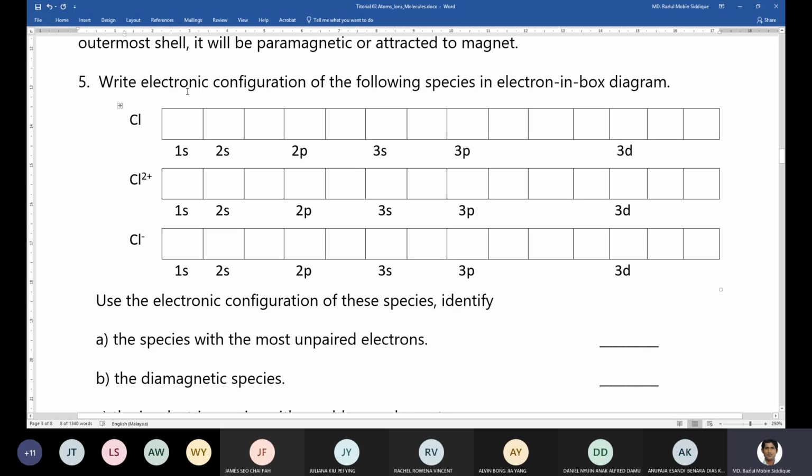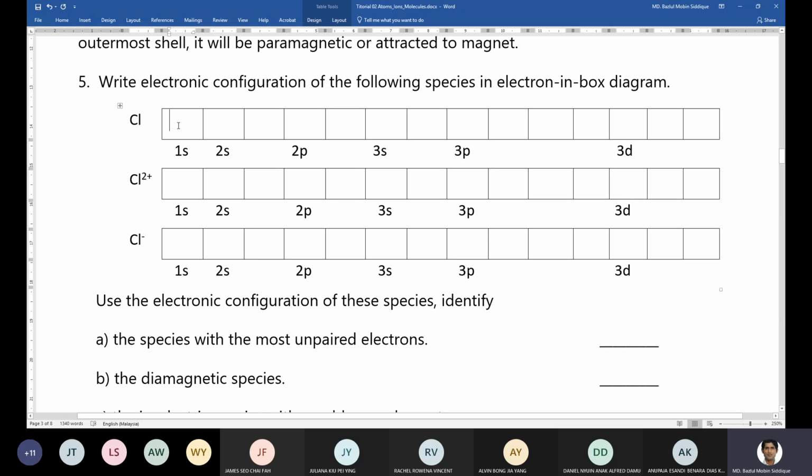Write the electronic configuration of this species in an electron-in-a-box diagram. So for chlorine, first of all we have to know how many electrons there are. We know that chlorine has 17 electrons in the atom, and you have to show it by drawing arrows, 1 arrow up, 1 arrow down.